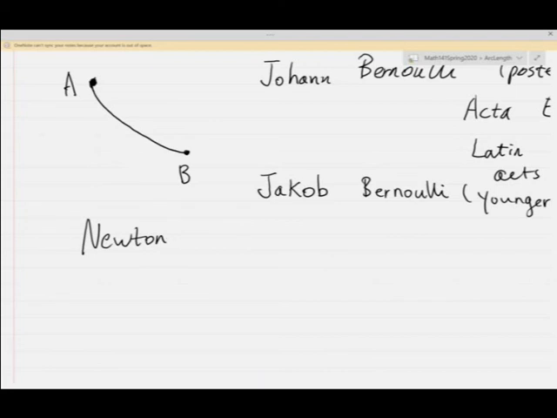It takes Newton one night, and it takes Johann Bernoulli two weeks. How long it takes other mathematicians, I'm not totally sure.